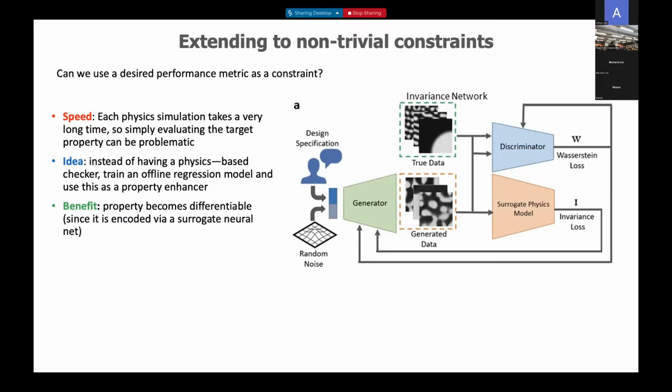From the graph, I understand that you send the true data and the generated data to the discriminator model. No, not only that. The idea is that the generator is generating some images, and we want the images to satisfy a certain property.